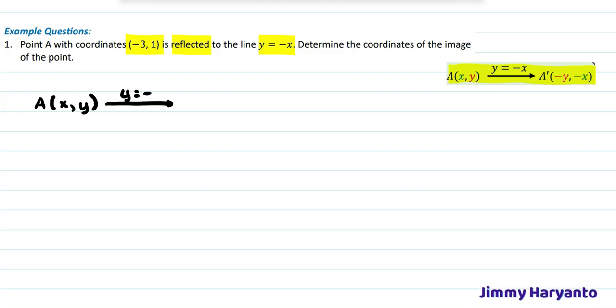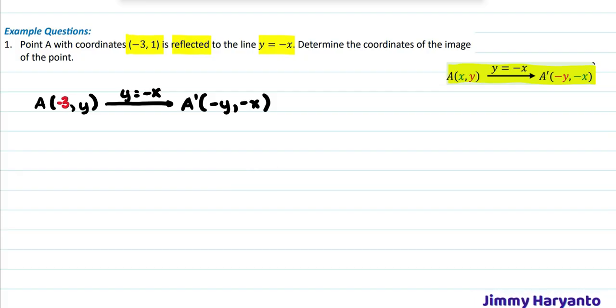Y equals to -x and then A prime open brackets -y comma -x. Okay, just input the values given in the question. So let's change this x into -3, change this y into 1, and then the y equals to -x is still the same. And then after that we can calculate using the formula.